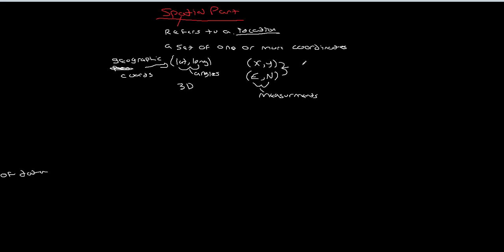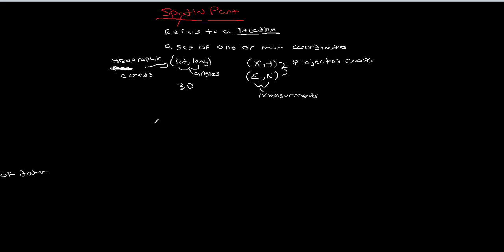These are projected coordinates. Geographic coordinates represent location on a 3D globe relative to a meridian and an equator. Projected coordinates are usually dealing with an x and a y relative to an origin. So this is going to be more like dealing with Cartesian coordinates. And we're going to be spending most of our time, and most of our examples are going to come from this projected coordinates setup when we refer to location.